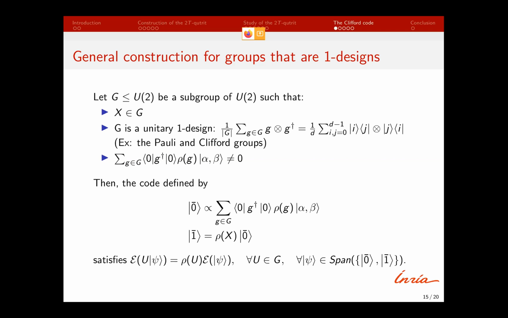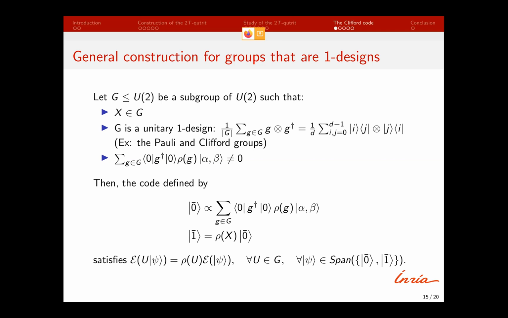And the final condition is that one. It's just something you find when you do the proof. These conditions are sufficient conditions, not necessary conditions. In particular, for the unitary 1-design, it sometimes happens that you can have the Gaussian unitary for a group that is not a 1-design, but if it is, then you might have it.